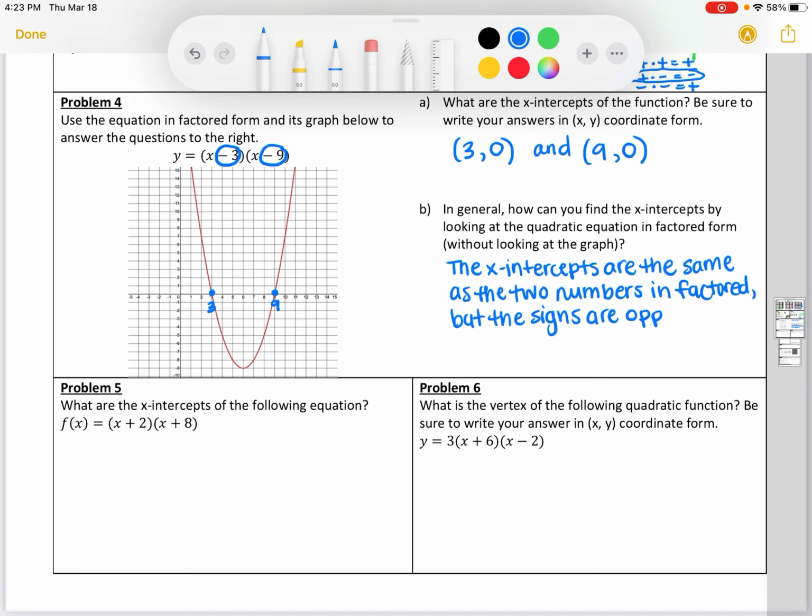Or we could say opposite, maybe is a better word. The signs are opposite. So when I look at my factored form, I see x minus a number times x minus a number, I end up with 2 positive x-intercepts.